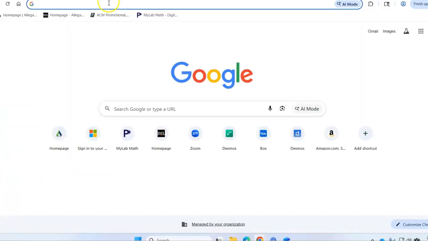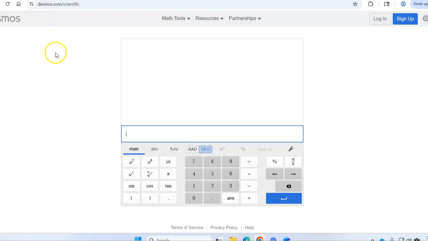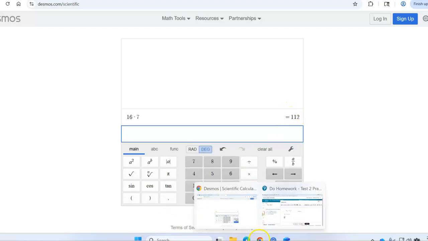I'm just going to pull it up. Desmos.com/scientific. Really good idea to bookmark that for you. 16 times 7. Remember, you have to hit enter a lot of times. And there it is. It's 112.